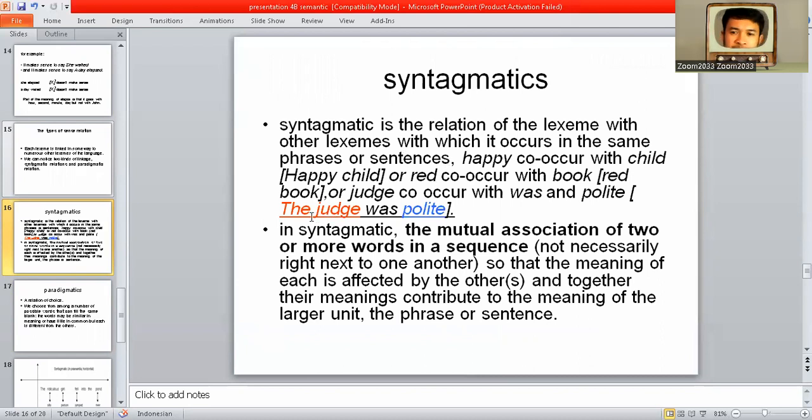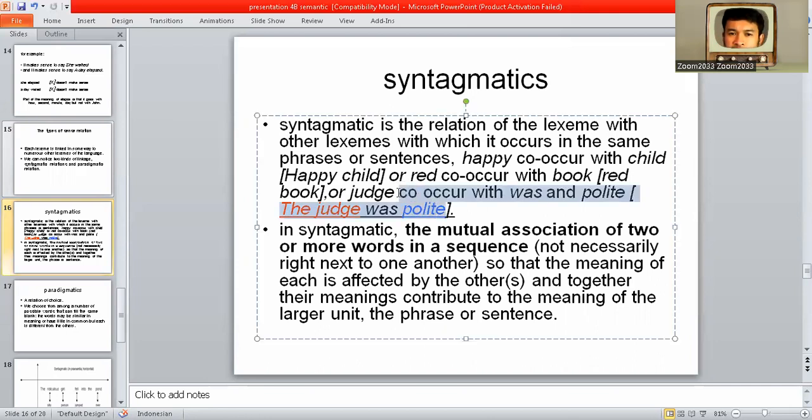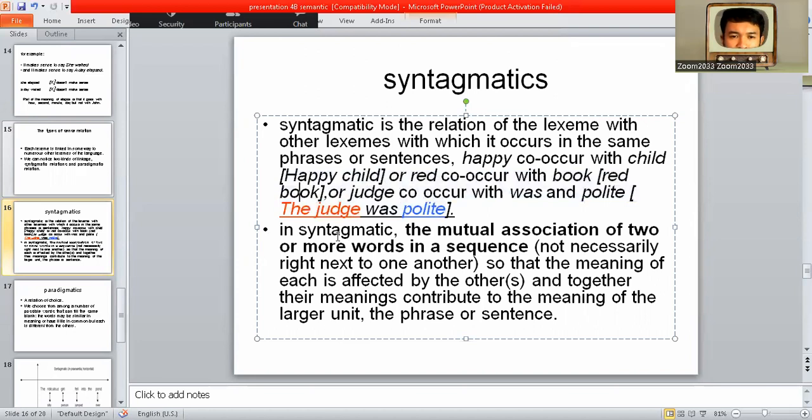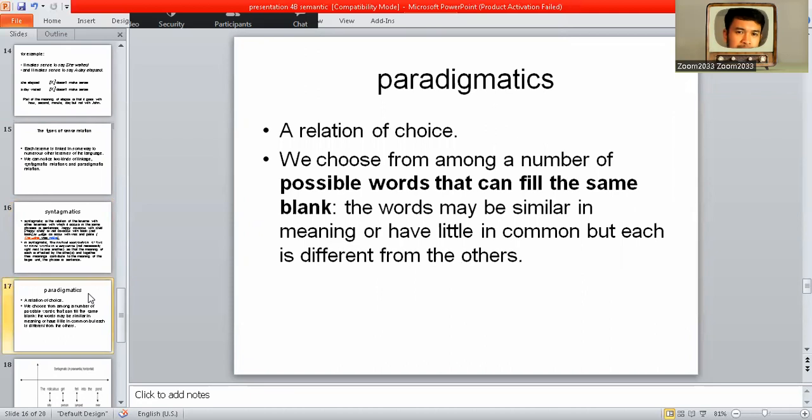For instance, child or red occur with book.